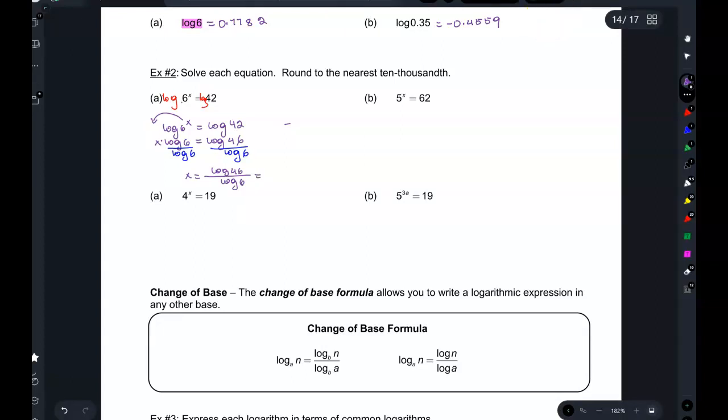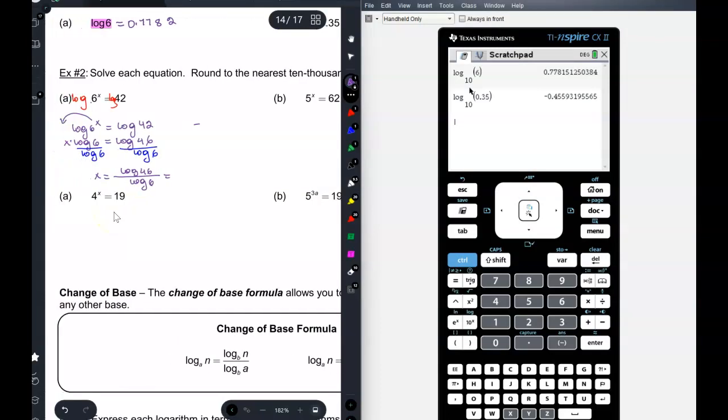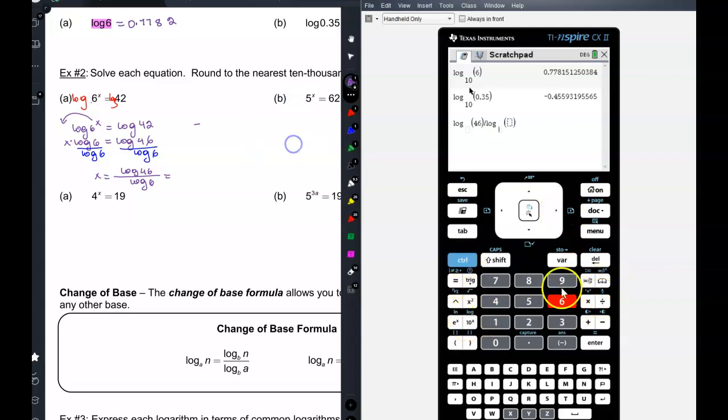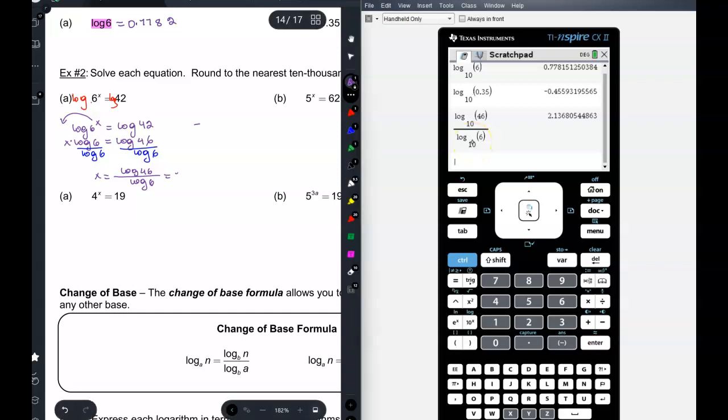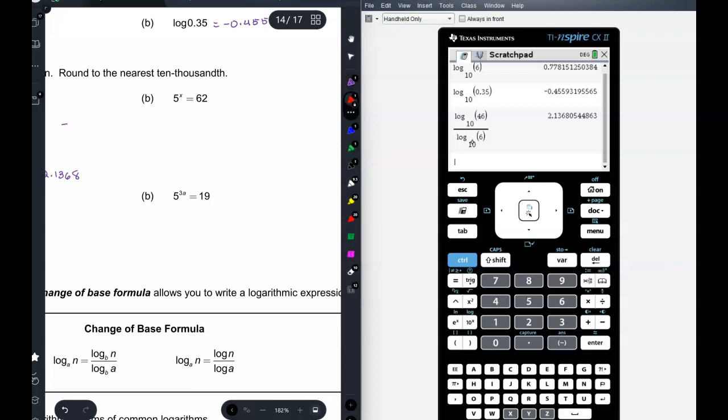So this needs to be put into the calculator, and I get log of 42 divided by log of 6. Okay, I'll leave the bases blank. So is that exactly what I meant to put in the calculator? Yes, it is. This gives me 2.1368.